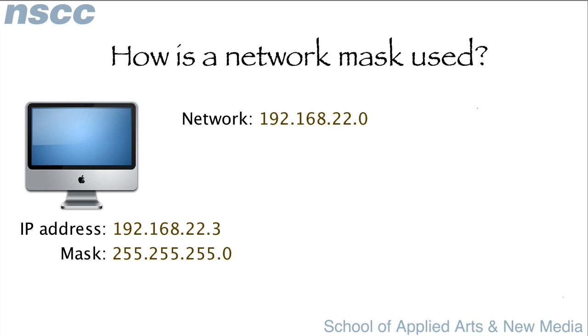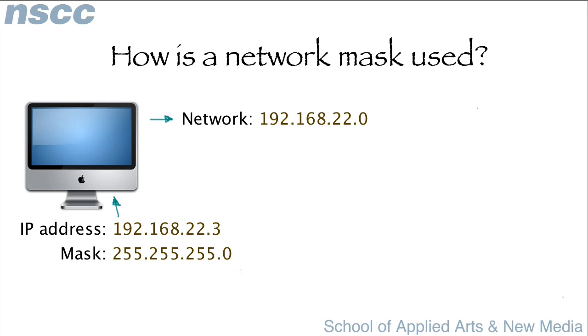Now here we've got an example where we have a machine participating in a local network. Every network is also given an IP address, and so we've assigned the network address 192.168.22.0. This machine has this specific IP address and it has this network mask.